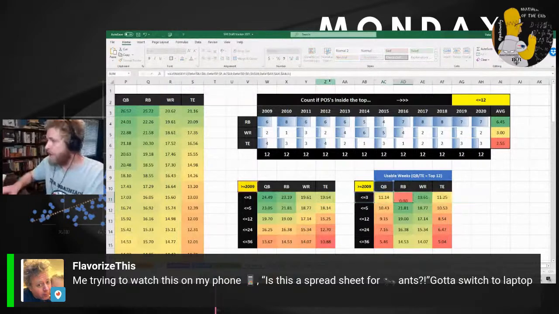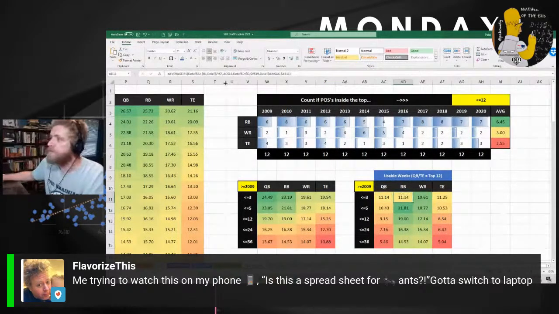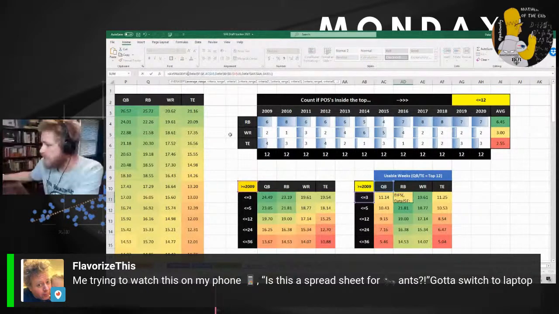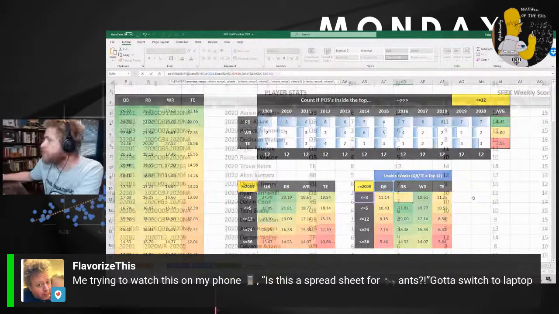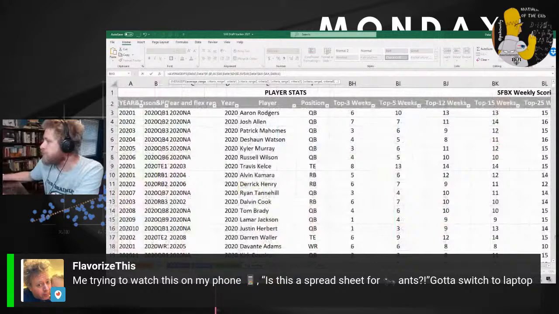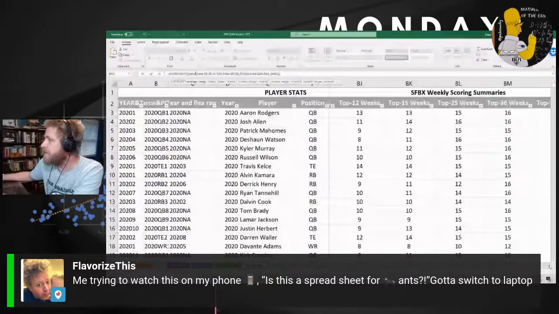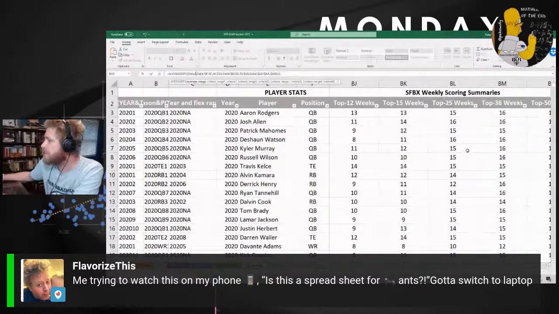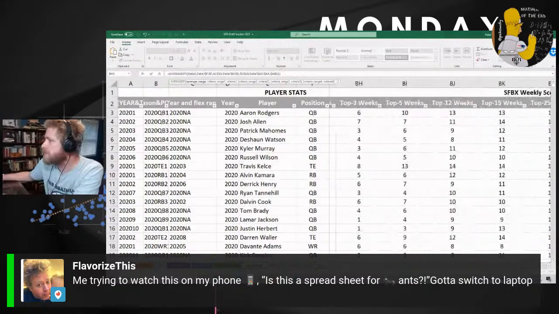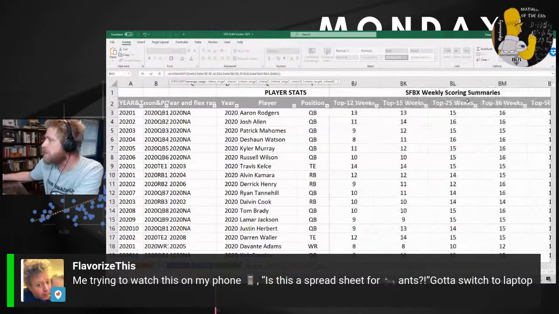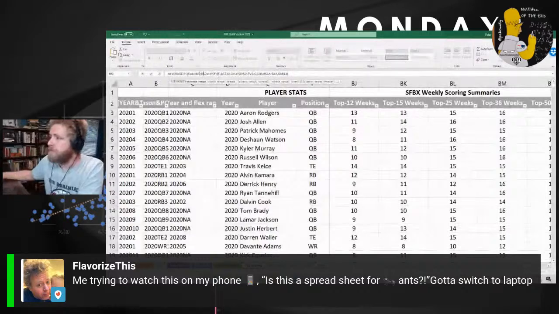What's a usable week for a running back? Top 24, right? 24 seems viable. Top 25 weeks. It'll do.